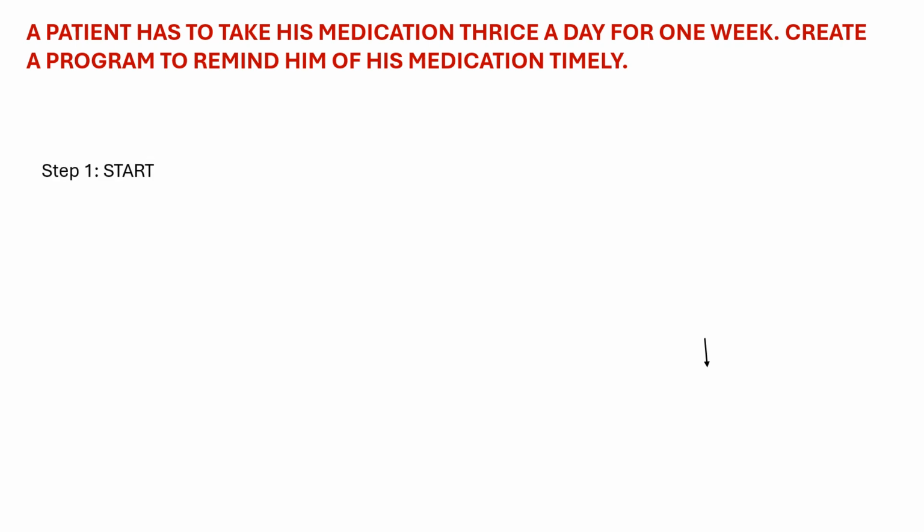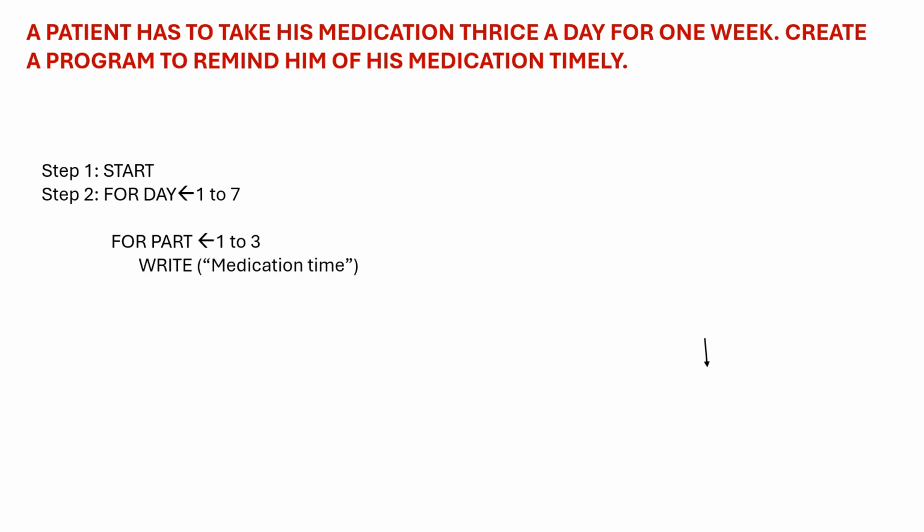So we start off with for day 1 to 7, because in a week we have 7 days, so obviously it is going to run for every day in 1 week. And then the inner loop would run for 3 parts, because within a day also it needs to remind the patient 3 times.